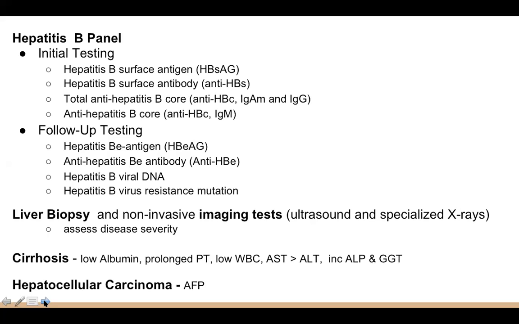In cirrhosis, there is low albumin, prolonged PT, low WBC, and AST is more than ALT, including ALP and GGT. And lastly, in hepatocellular carcinoma, the alpha fetoprotein test should be done. Thank you.